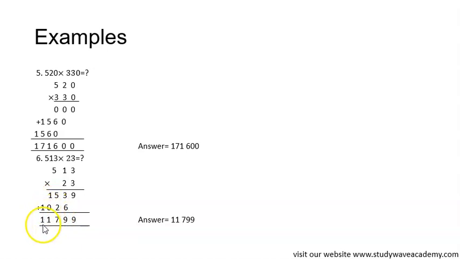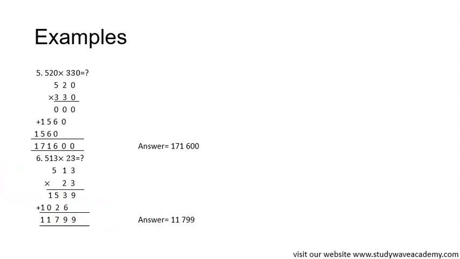Okay? So our answer is 11,799. So when you multiply 513 times 23, your answer is going to be 11,799. Do we understand that?